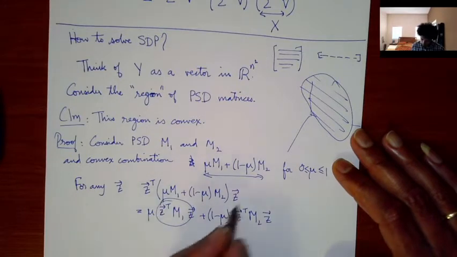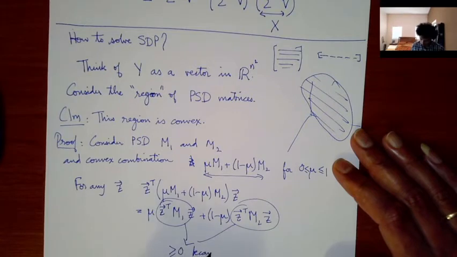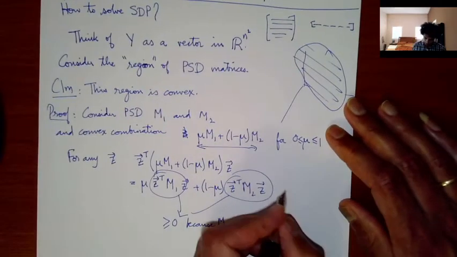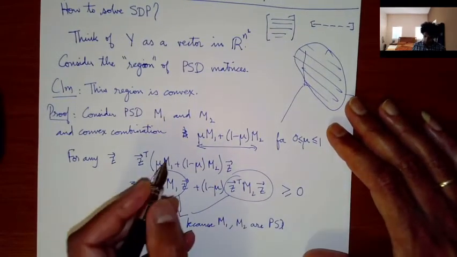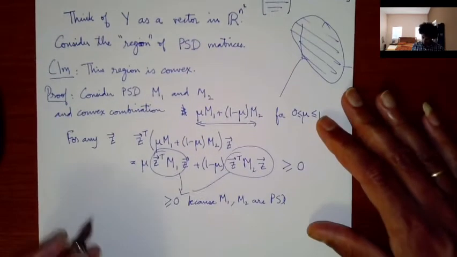Both of these quantities are greater than or equal to 0 because M1 and M2 are PSD, and hence this is also greater than or equal to 0, so this matrix is also PSD.